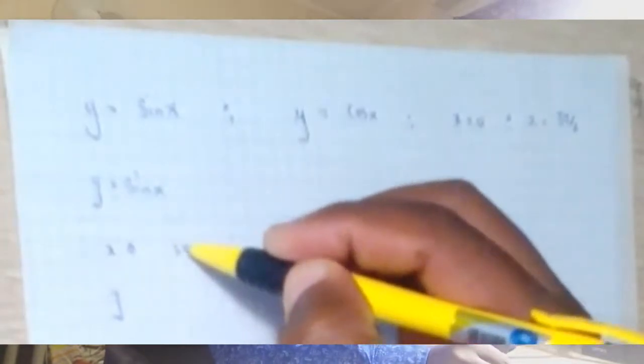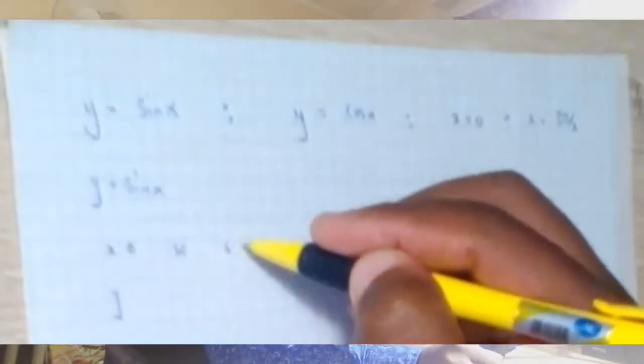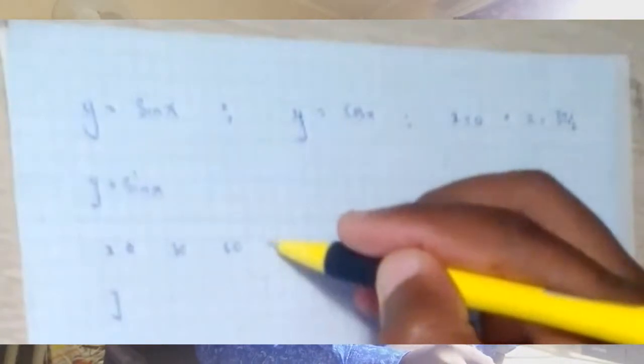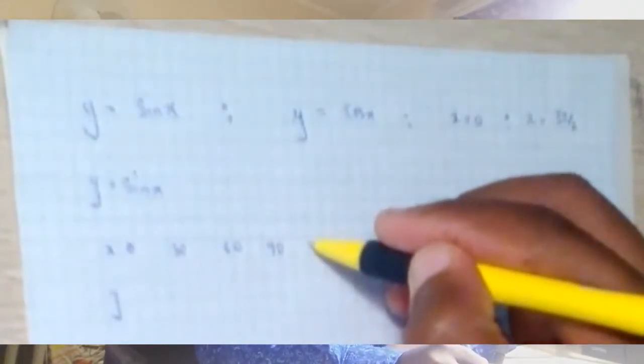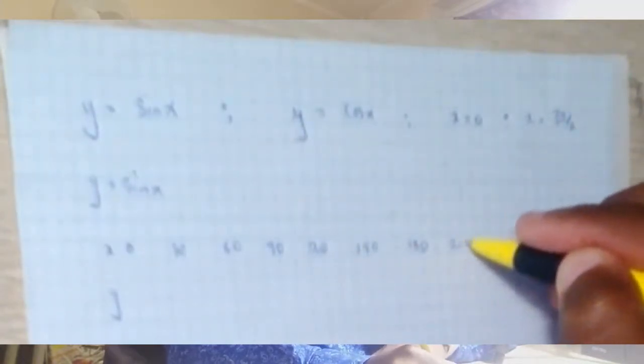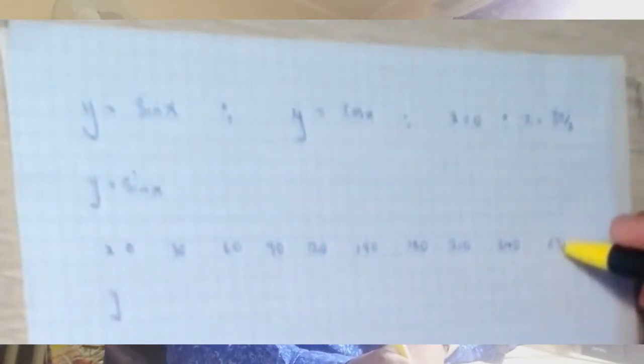So I take x as 0, 30, 60, 90, 120, 150, 180, 210, 240, and 270.